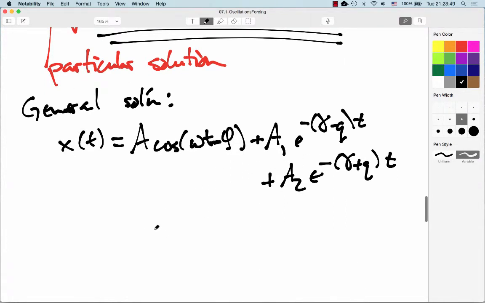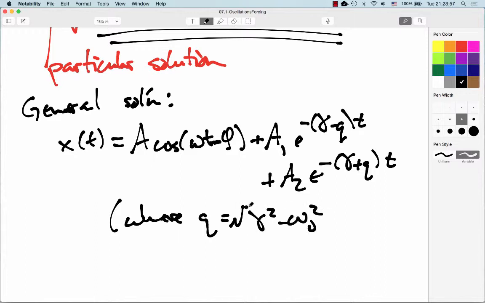And we remember that q was equal to the square root of gamma squared minus omega naught squared, where omega naught was the undamped natural frequency of the system. All right.